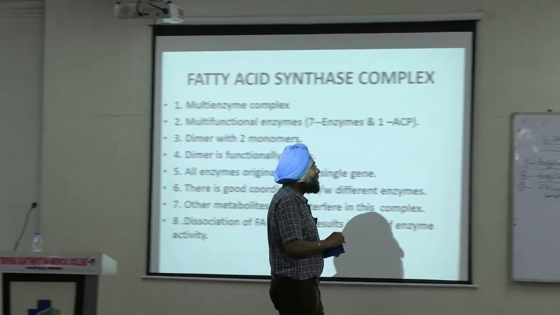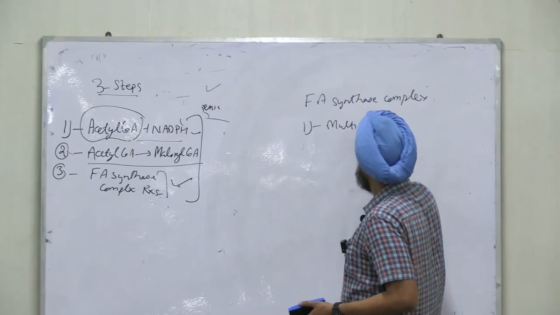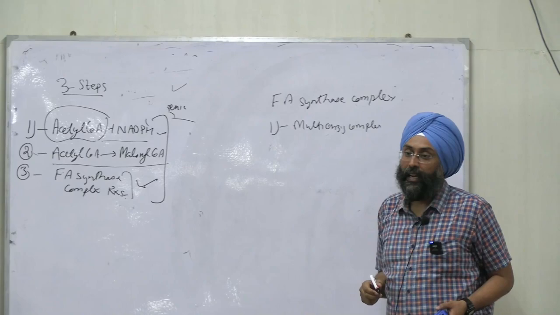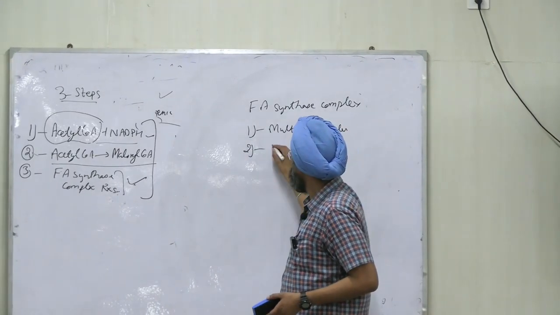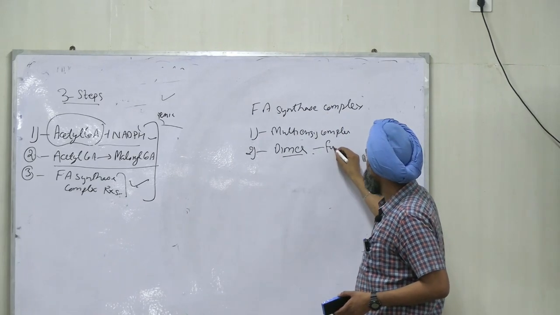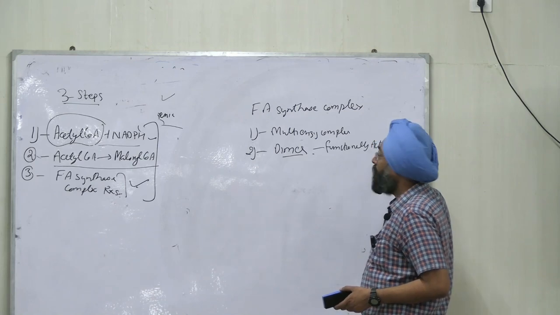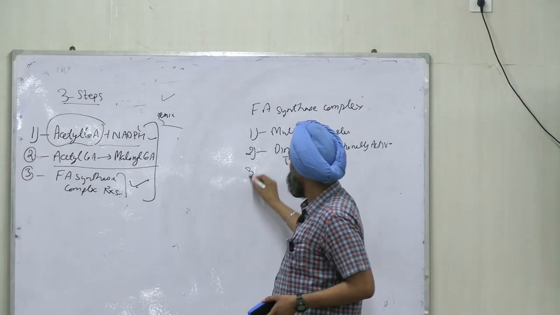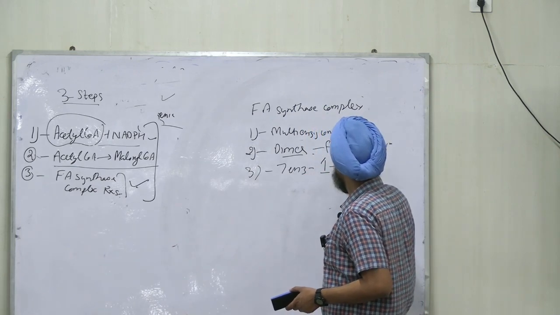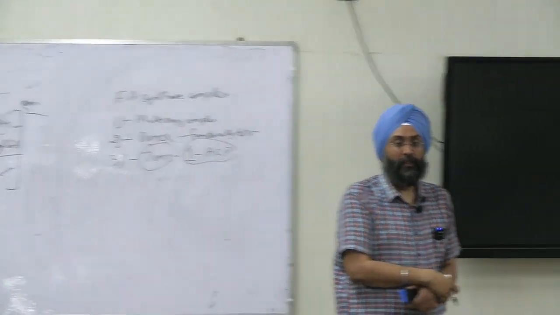First feature is that it is a multi-enzyme complex, right? And it is in the form of a dimer, and the dimer is only functionally active, right? And there are 7 enzymes and 1 acyl carrier protein, right?